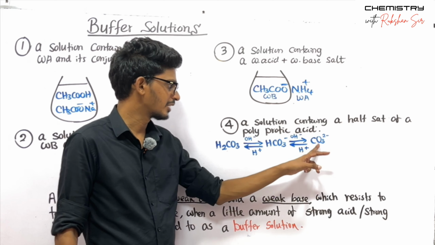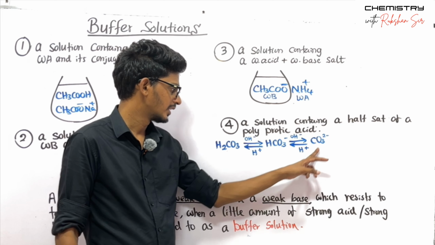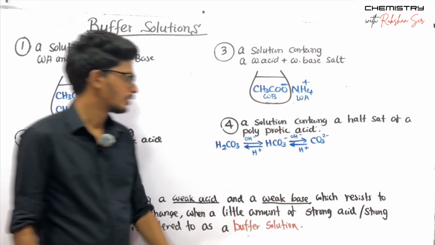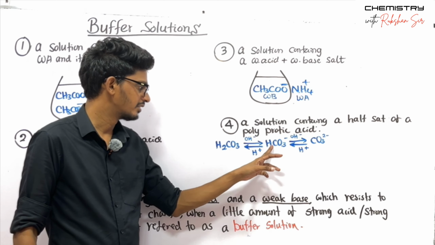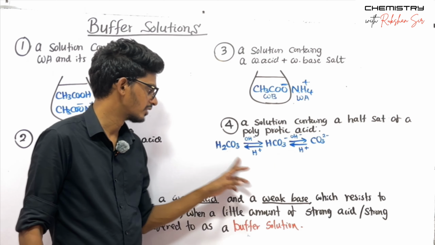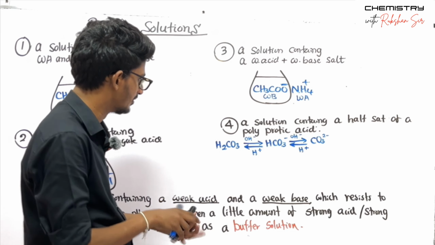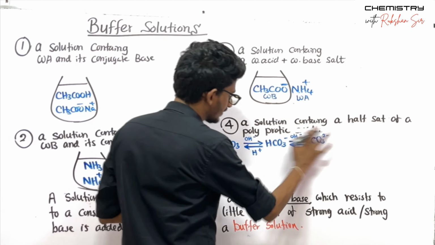If you add some H plus to this one, it will convert to HCO3 minus by consuming that H plus, and if you add further H pluses, it will convert to H2CO3. This is referred to as a polyprotic weak acid. Normally it should be a weak acid, right?